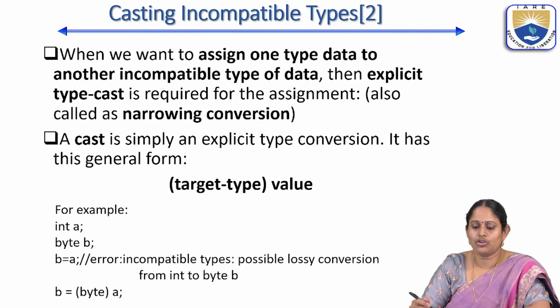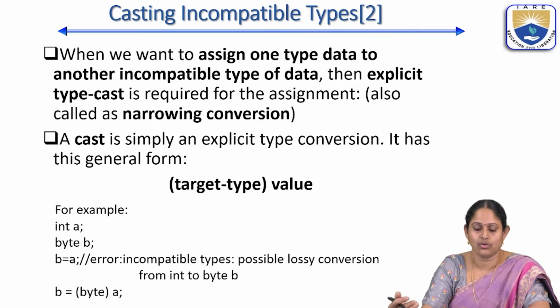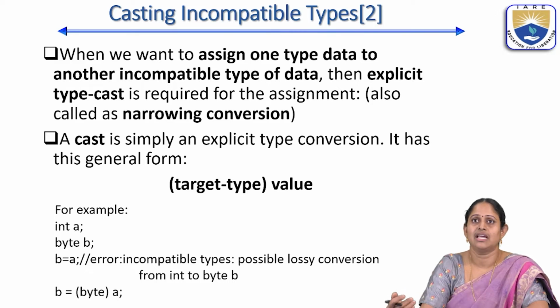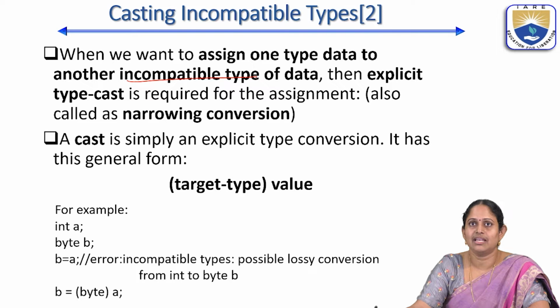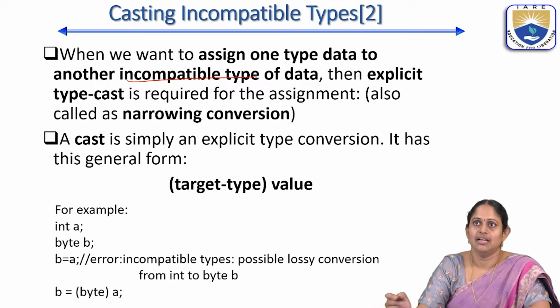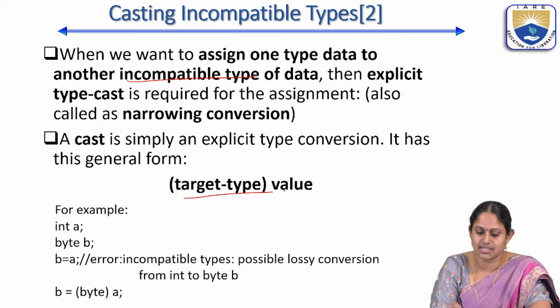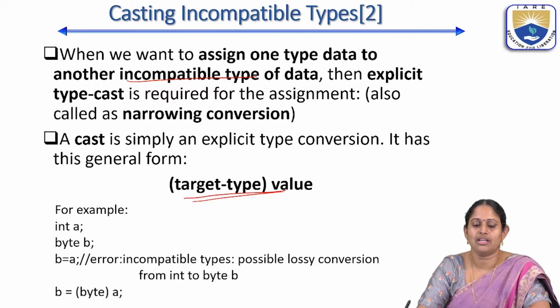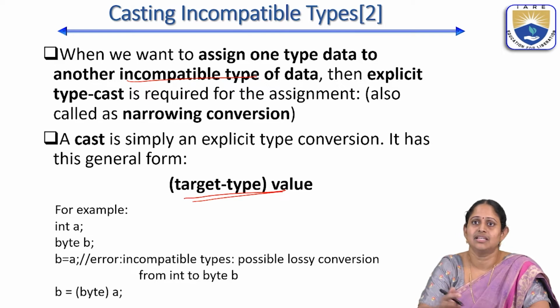Now when you want to convert incompatible data types, it comes under narrowing conversion. It is performed on incompatible types of data, which means it has to be done explicitly by using this syntax. The syntax used for explicit typecasting is this.